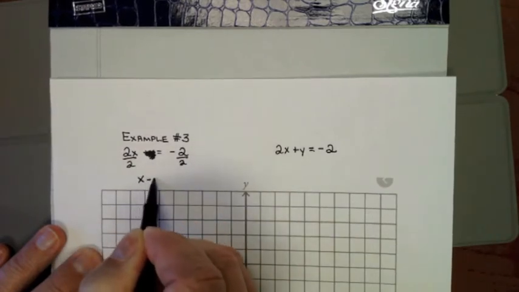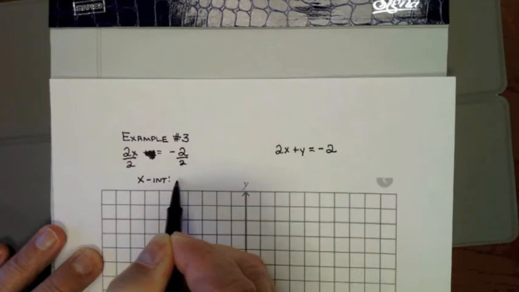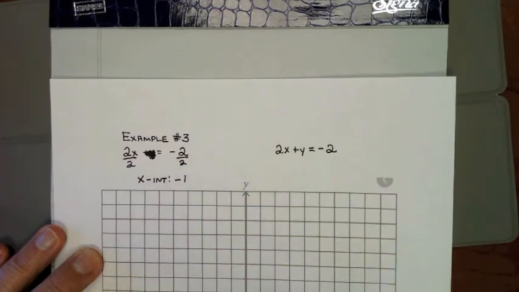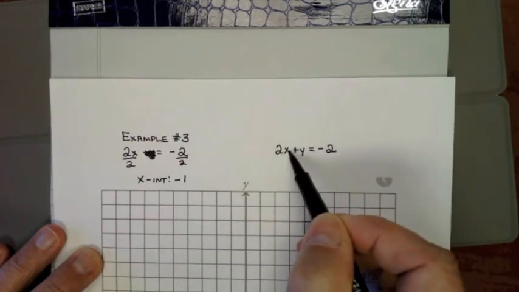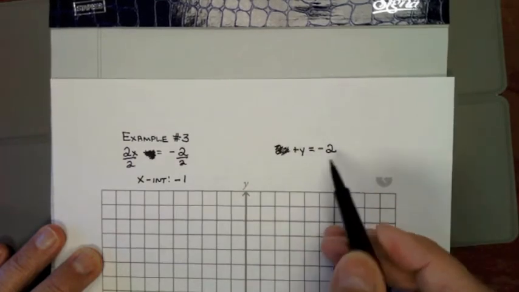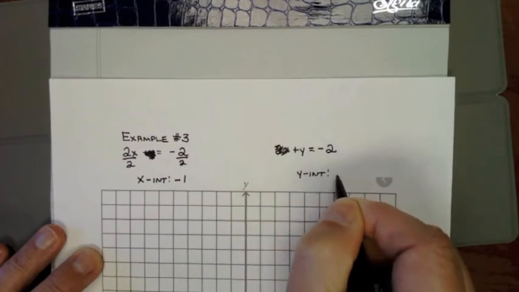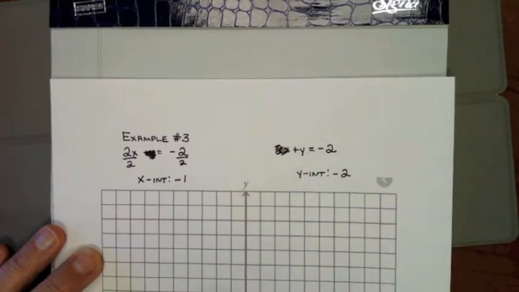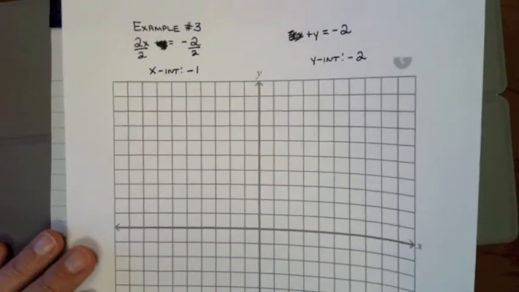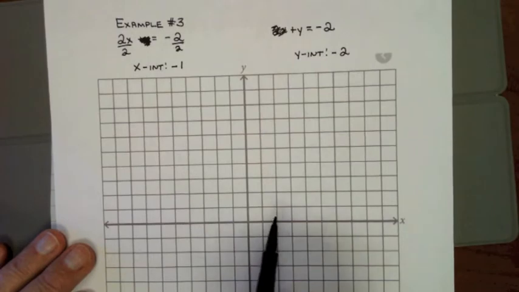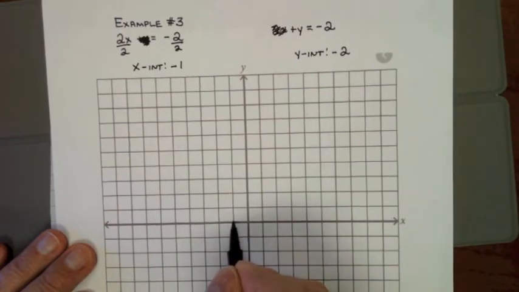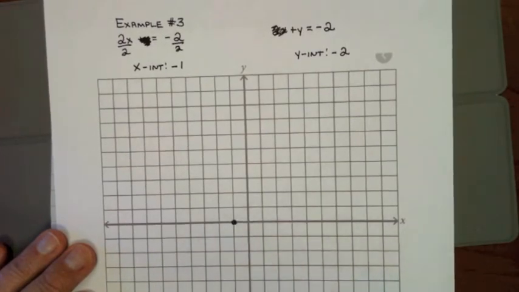The X-intercept is -1. I need to find the Y-intercept. That means I don't need the X. And this one's already solved for me. The Y-intercept is -2. So I'm going to use these two pieces of information to graph this line. The X-intercept was -1. This is my X-axis. I go to -1 on the X-axis.